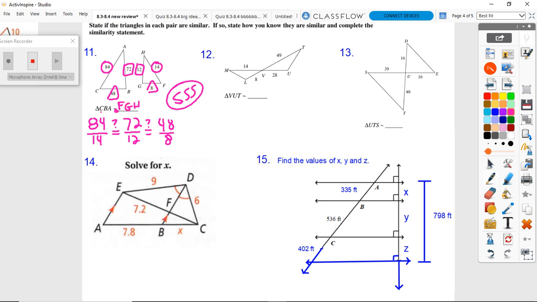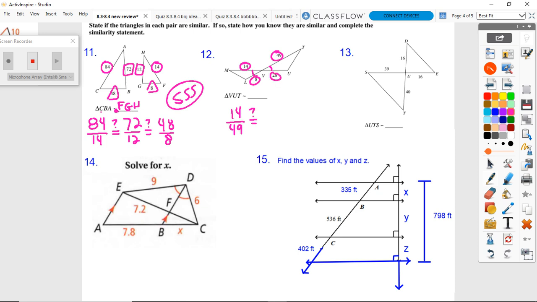Number 12. Looking at this, I only have two sides for each, so I'm not going to be able to do SSS. Aha, I have the vertical angles though, so this one could get SAS. Let's check and see. I'm going to match up 14 with 49 and see if that equals 8 over 28.